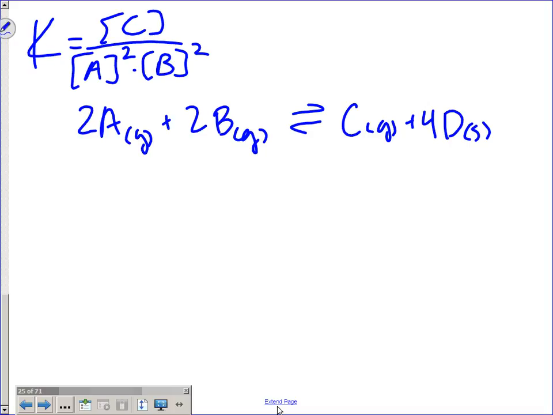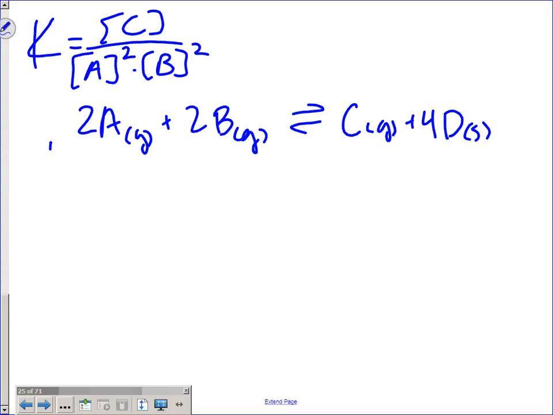So this is an equilibrium reaction, and then it says the initial concentration of A was 4.0 molar and B was 4.0 molar. What would be the equilibrium constant if at equilibrium 2.0 molar of A had reacted? So it's saying so much reacted. You have to figure out from the initial how much changed to what's left at the end, and that's called an ICE box.